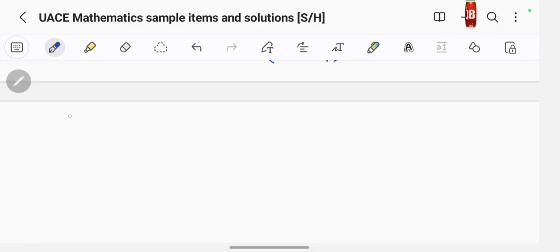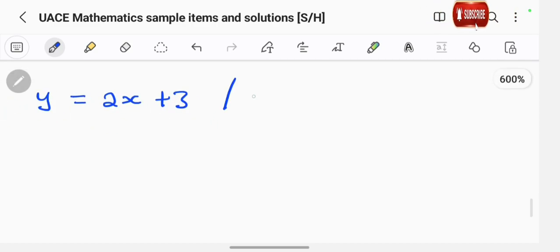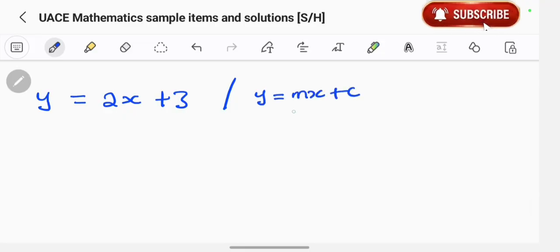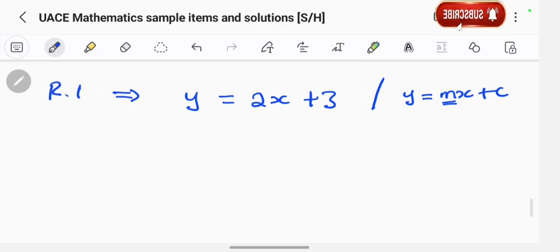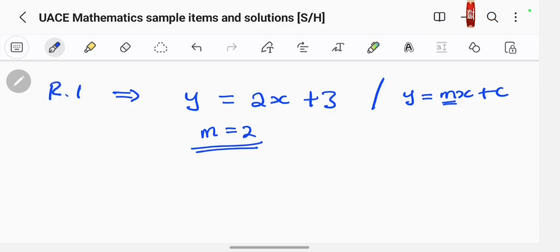If road 1 has this equation, y = 2x + 3, we know very well that this is coming from y = mx + c, where m is the gradient. So here our m is 2.